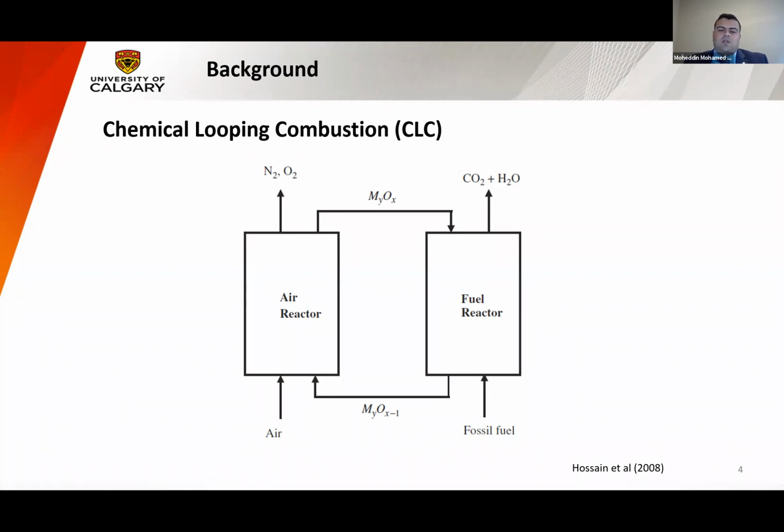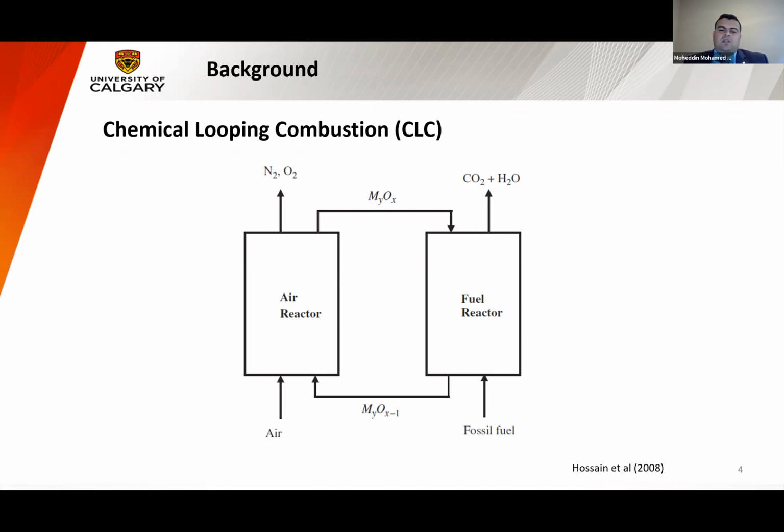The water is condensed and the CO2 is then ready for utilization or sequestration. The reduced metal oxide is sent to the air reactor where it is oxidized again and sent back to the fuel reactor, thus completing the CLC cycle.